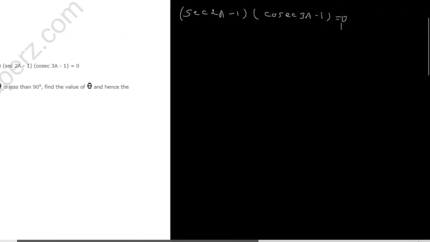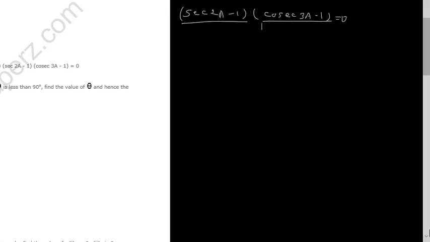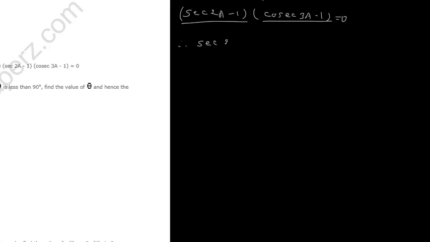So when the product of two terms is 0, then either this factor will be 0 or this factor will be 0. This is simple. Okay, so I will say that therefore sec 2a minus 1 is 0, or cosec 3a minus 1 is 0.